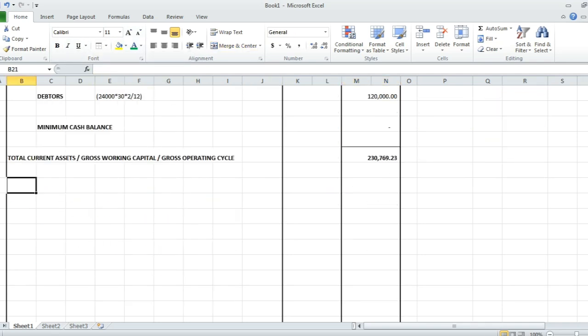And we have to find the current liabilities. In the current liabilities part, we have to find the trade creditors.